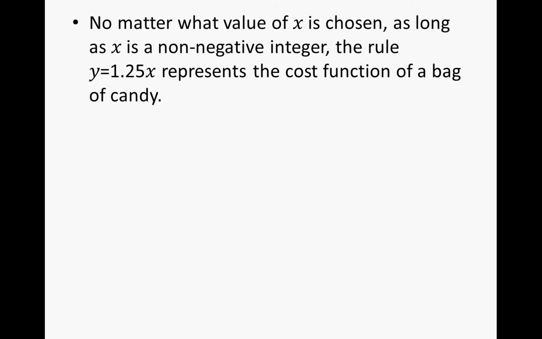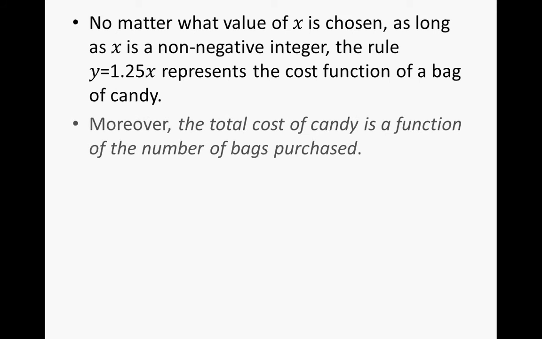No matter what the value of x is chosen, as long as x is a non-negative integer, the rule y equals 1 25/100 times x represents the cost function of a bag of candy. Moreover, the total cost of candy is a function of the number of bags purchased.